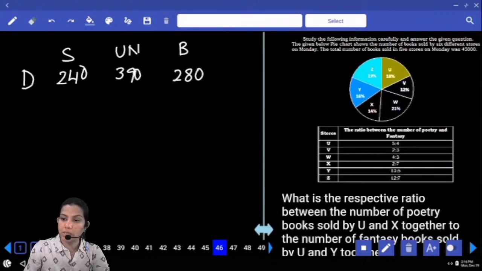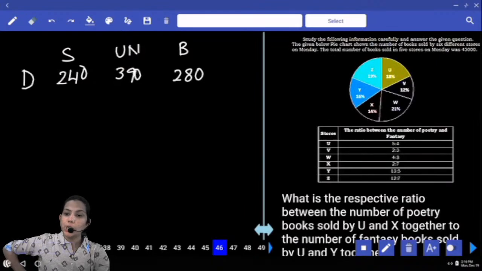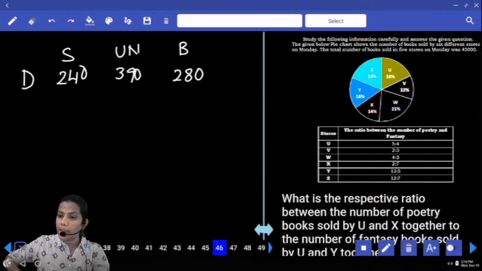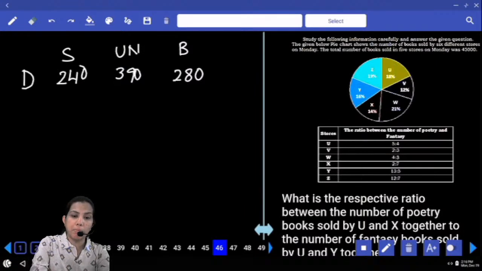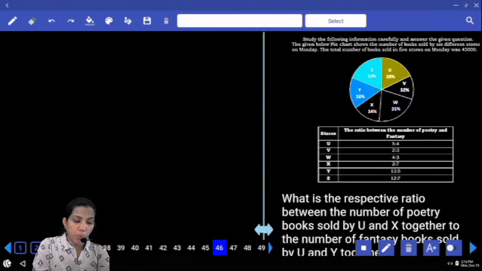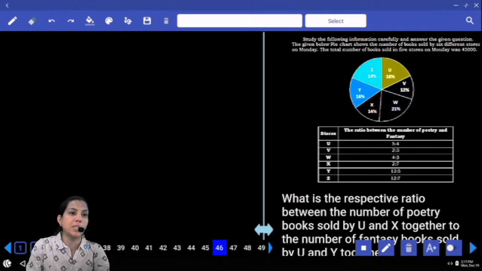Question number 46. The given below pie chart shows the number of books sold by 6 different stores on Monday. The total number of books sold in 5 stores on Monday was 45,000. Given information is completely in percentages. Total percentage is 100%, value 45,000, which means 1% is equal to 450. No need to remember that.